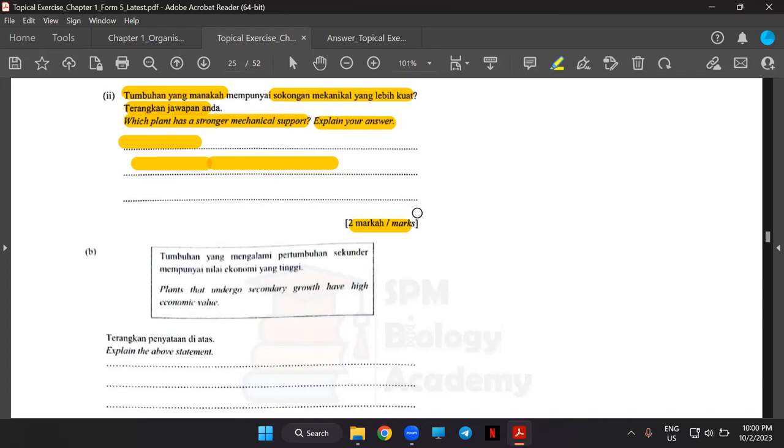Tumbuhan Y menjalani pertumbuhan sekunder. Sebab tu dia ada sokongan mechanical yang lebih kuat, stronger mechanical support because it undergoes secondary growth. Maka jawapan kedua ialah plant Y undergoes secondary growth. Tumbuhan Y menjalani pertumbuhan sekunder. So dapat markah kedua.